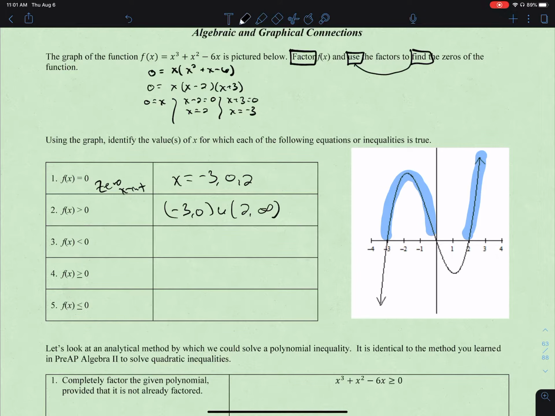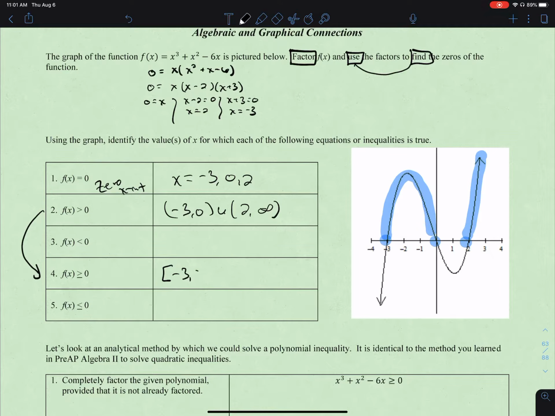I'm going to go directly to question 4 now, which is asking, when is the function equal to 0 or positive? So when does the graph touch the x-axis, or when is it above it? Well, it's the answers that we just had, plus we have to include the -3, 0, and 2, because that's where it touches the x-axis, where it's equal to 0.